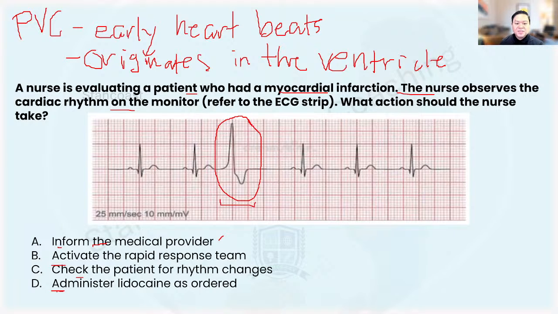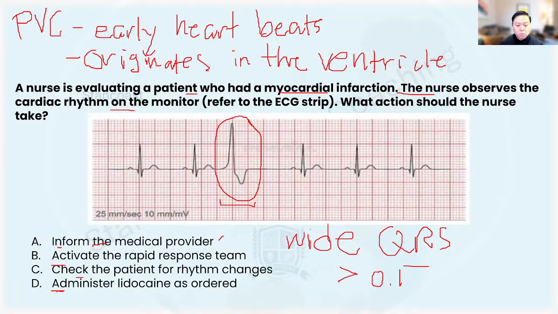So the PVC basically is going to be described as wide QRS complexes, wider than 0.12 seconds. Okay, look at that duration right there compared to the regular sinus rhythm. That is pronounced widening.